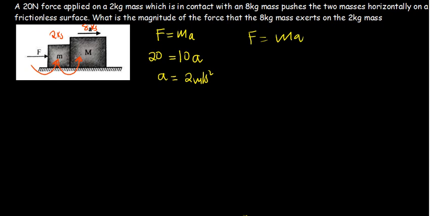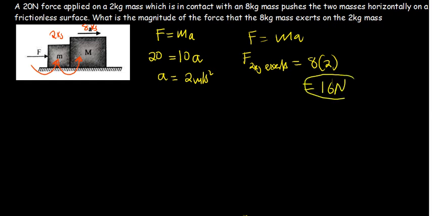This is the force that the 2 kg exerts on the 8 kg. You are pushing the 8 kg mass, so you use the mass of 8 kg, then multiply by the acceleration, which is 2. That is going to give us 16 newtons.